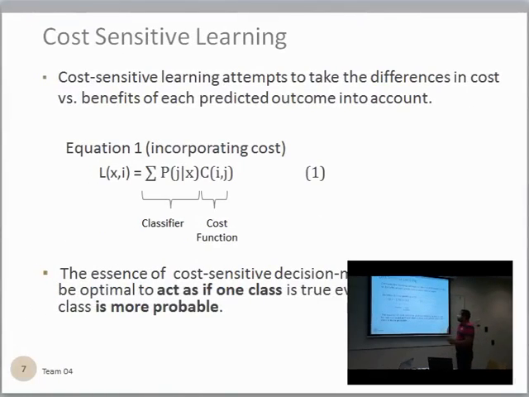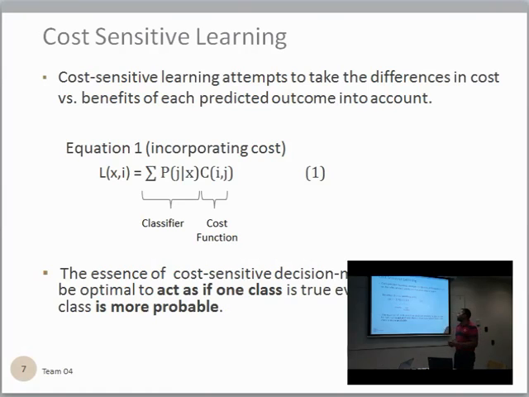Now, let's look at what cost-sensitive learning is. The essence of cost-sensitive learning, or cost-sensitive decision-making, is that it can be optimal to act as if one class is the case even though your probability estimates say some other class is more probable.